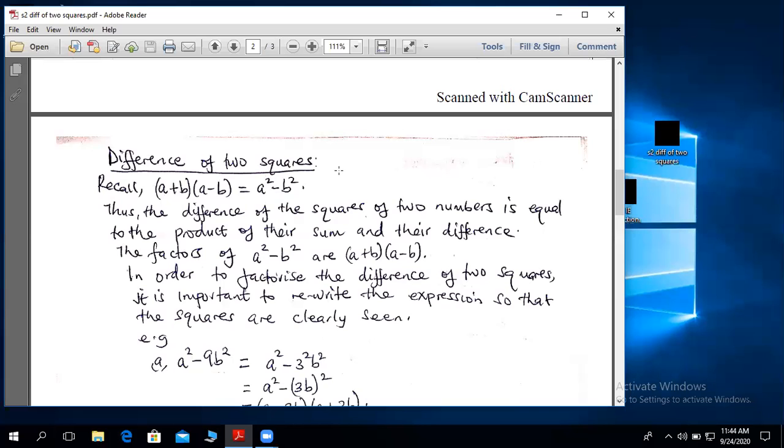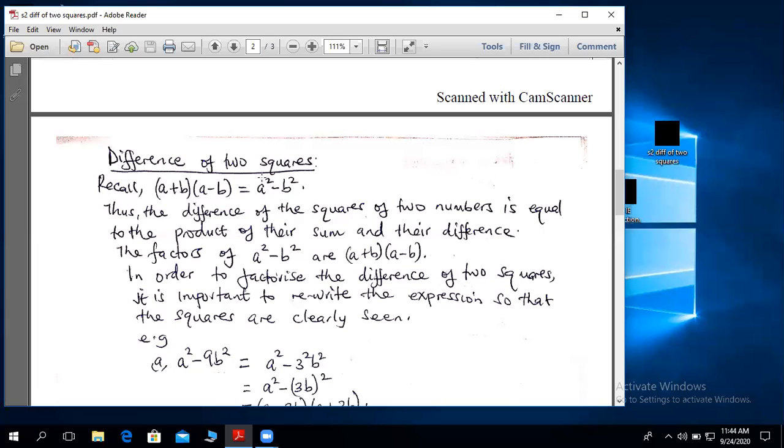If I have 8 equal to 4 times 2, it means 4 and 2 are factors of 8. I repeat, if I have 8 equal to 4 times 2, it means 4 and 2 are factors of 8.